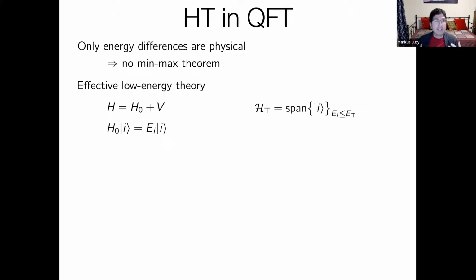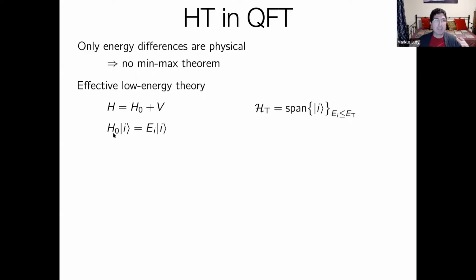The other thing is that I now want to think of this as an effective field theory, rather than just a variational method. To formalize that, I take the Hamiltonian of my quantum field theory and write it as some free Hamiltonian plus interactions. This truncated Hilbert space contains all the states up to some total energy ET, where, for the purposes of this cutoff, I'm measuring the energy in terms of H naught.